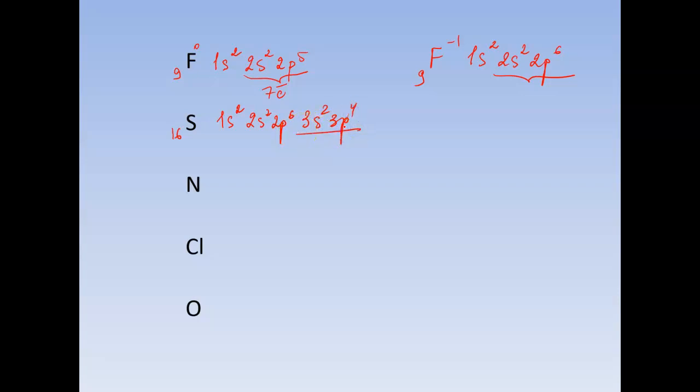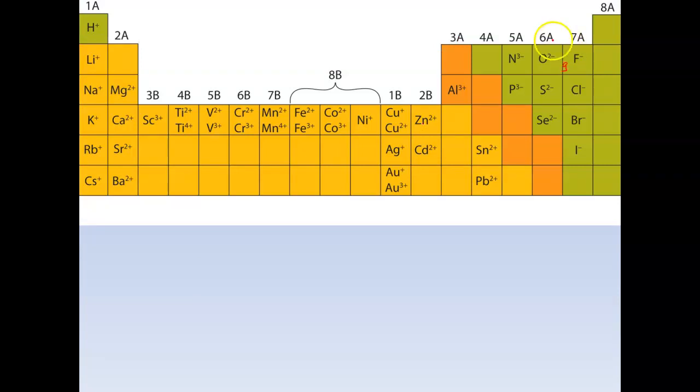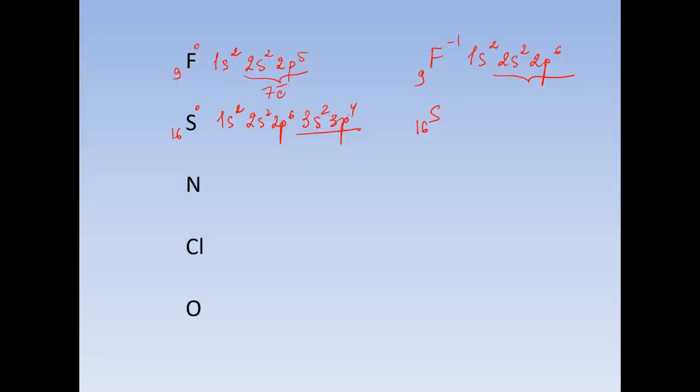So 6 valence electrons. The atom is neutral, but when it becomes an anion, group number 6A means that when it becomes a more stable negatively charged ion, its charge will be 2 negative.